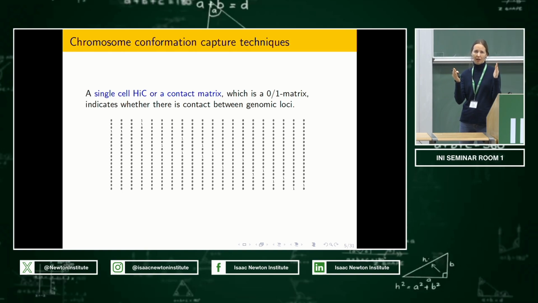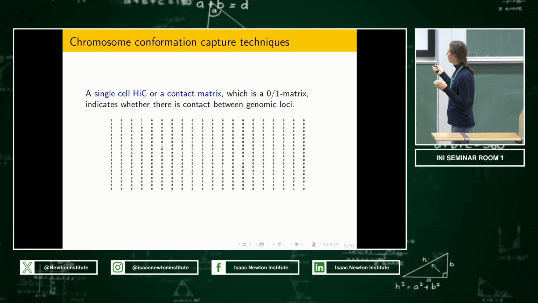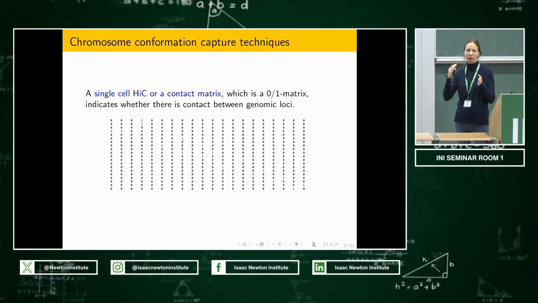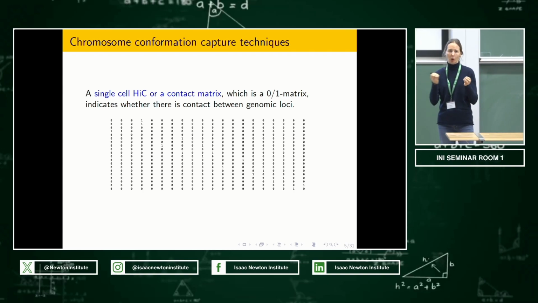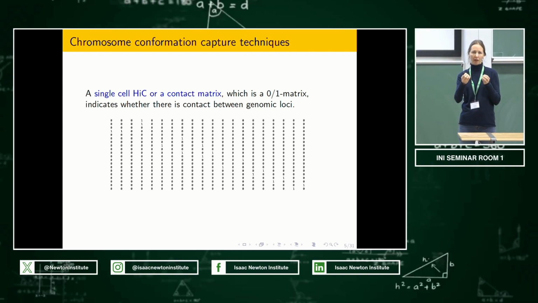Let's say one segment is 100,000 nucleotides. And you can think that the rows and columns of this matrix correspond to these genomic loci. So let's say 100,000 nucleotides. And then 1 in this matrix indicates that there is a contact between the corresponding genomic loci, and 0 says that there is no contact.